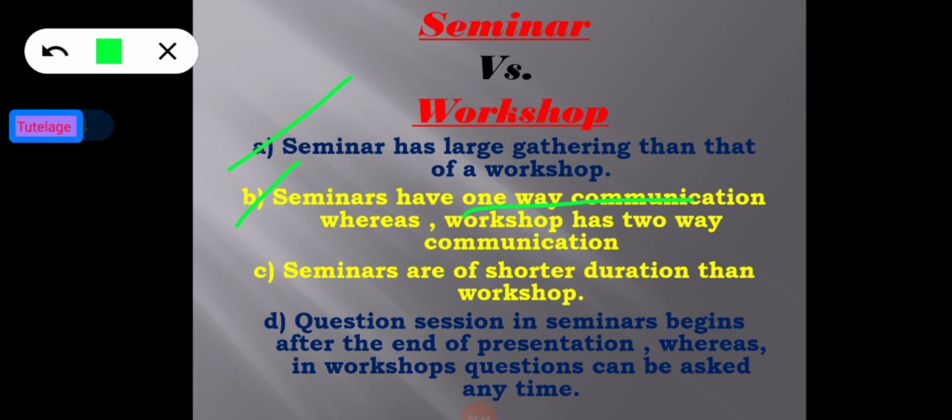Okay, seminars have one-way communication and workshops have two-way communication. So there is a big difference between seminar and workshop, because workshops have two-way communication between the expert and the audience.